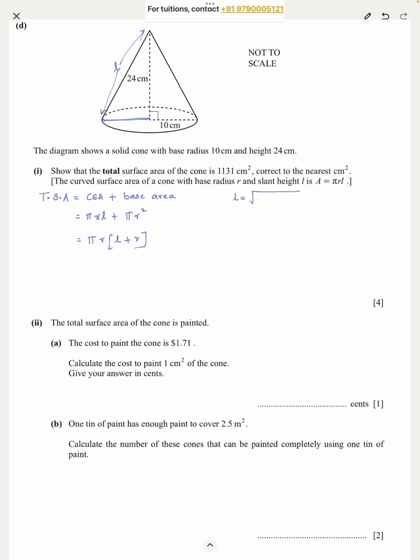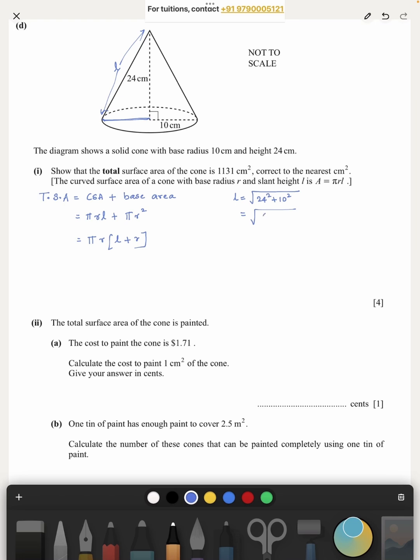L is equal to square root of 24 square plus 10 square, which is equal to 676. Square root of 676 is 26. So L is 26.